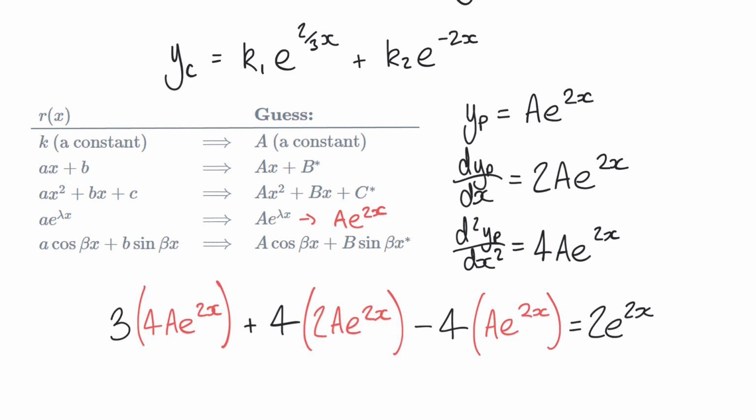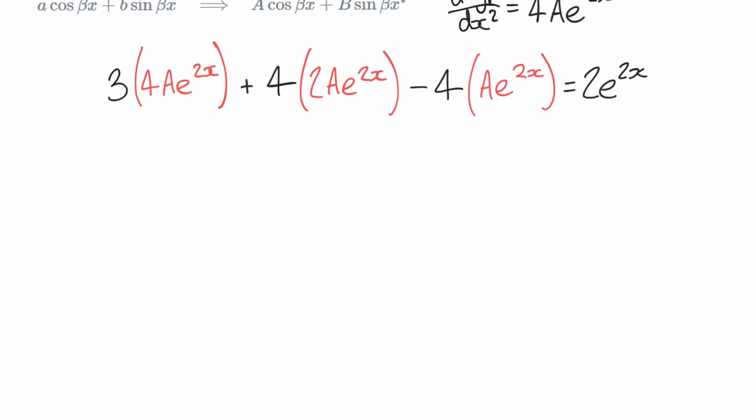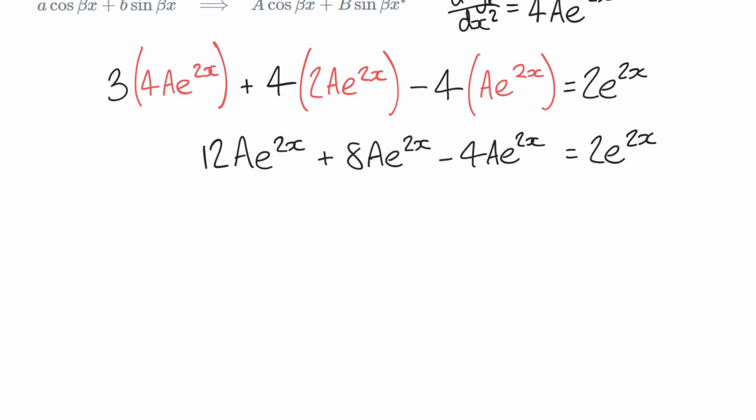And so when we substitute these into the original equation, we're going to see something like this. We have these substitutions we've made for the y term, the first and second differentials. We can multiply those brackets out easily enough, and we can divide both sides by e to the 2x. We'll lose the e to the 2x terms on both sides of the equation.